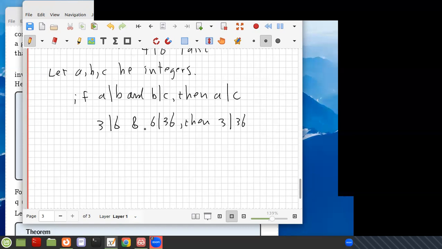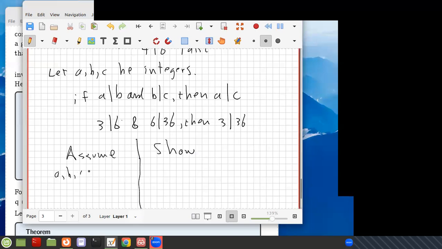So there's a strategy for discovering a proof, and the strategy is this: you write down what you suppose or assume is true in one column, and you write down what you have to show in the other column. So what do you assume? Well, A, B, and C are integers.